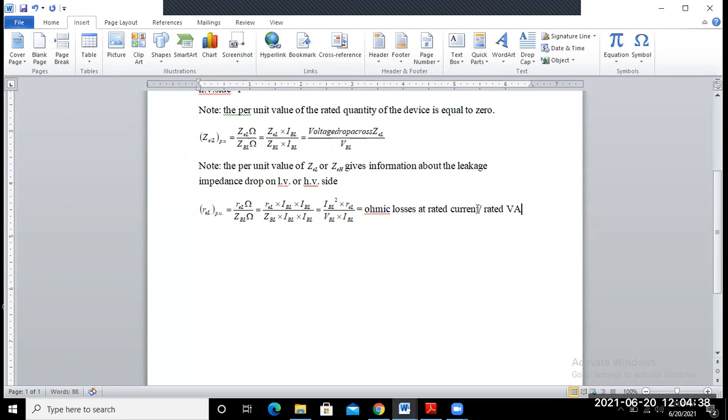Okay. So if you are given that the leakage impedance drop, either LV side or HV side, is equal in per unit, and you multiply by the total KVA rating, that will equal the ohmic losses of the transformer. Okay. So this point also we note down here.